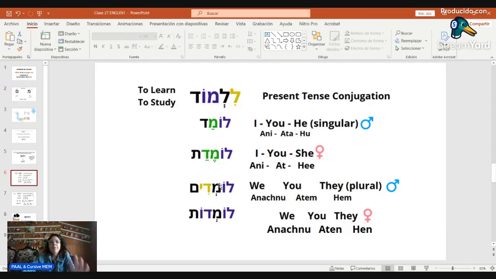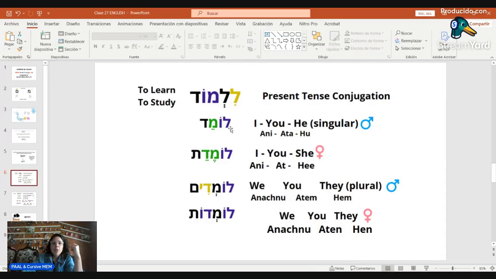So we only have four forms in Hebrew in the present. The first one is for I, you masculine, and he. In Hebrew, we have you for a boy and you for a girl, so that's very different. For masculine singular, we have lomed.